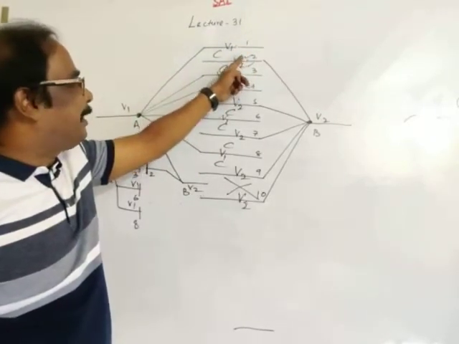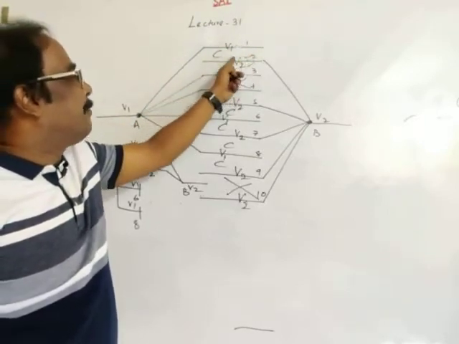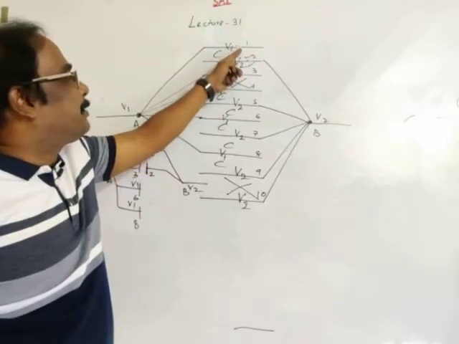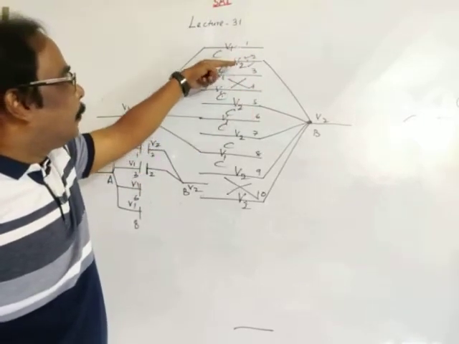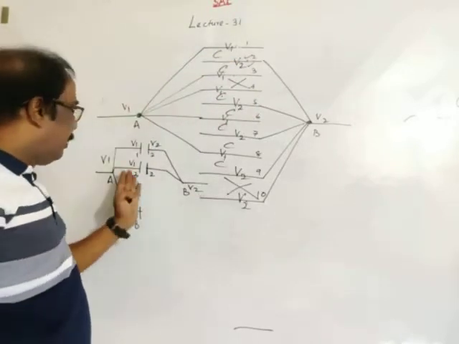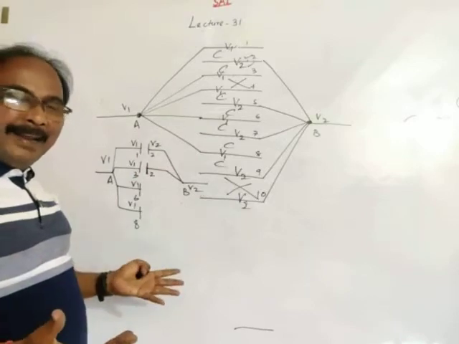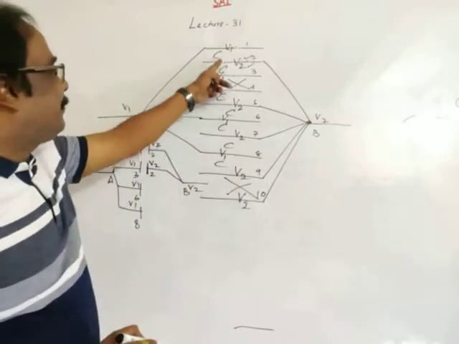The capacitance is between the lower surface of plate 1 and the upper surface of plate 2. Similarly, the lower surface of plate 2 and the upper surface of plate 3 can give a capacitance. So this is at V2, plates 2 and 3.